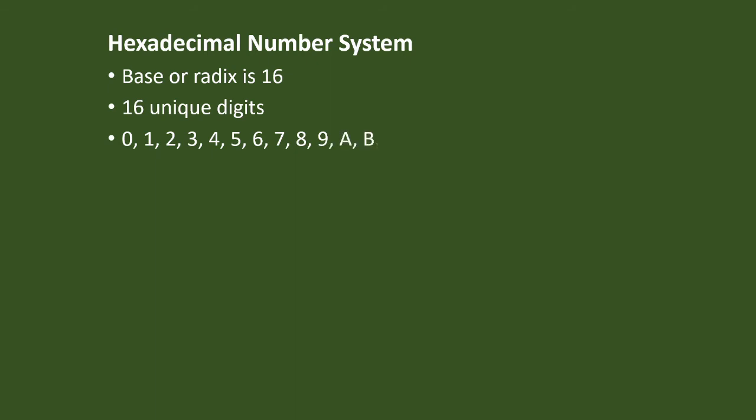After 9, we will use A to represent 10, B as 11, C as 12, D for 13, E for 14, and F for 15. So the biggest unique digit in hexadecimal is 15, but we denote it with the symbol F in this number system. An example of a number in this number system is 2C. This is in hexadecimal.